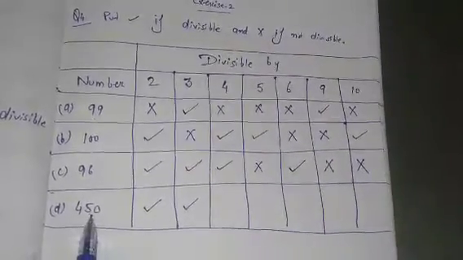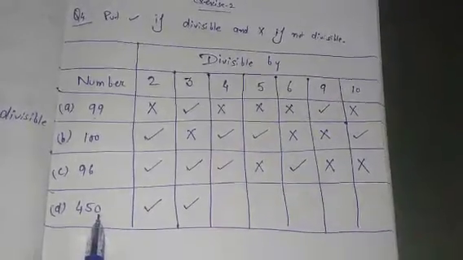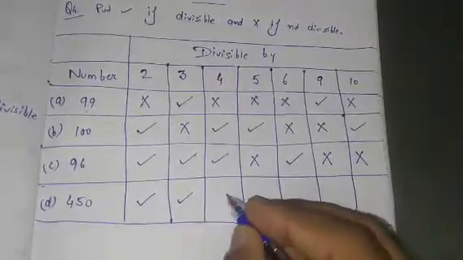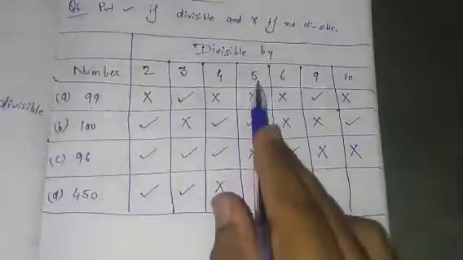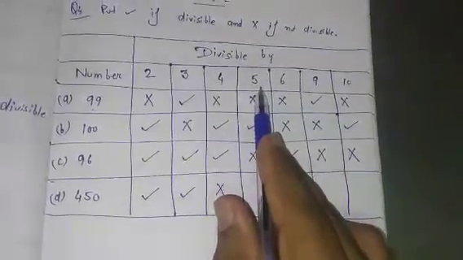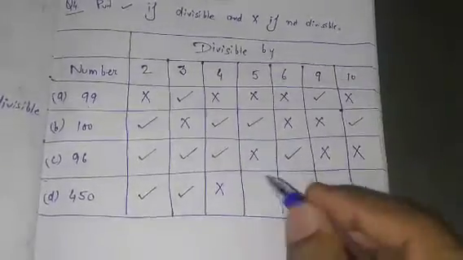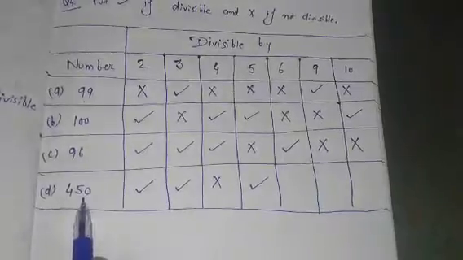Then after that, the last two digits are 50, and you know that 50 is not divisible by 4, so it means the number 450 is not divisible by 4, so here you will put a cross. Then after that, you know the rule, 5 has been given here. If the ones digit is 0 or 5, then that number will be divisible by 5, otherwise no. So here you will put a tick because the ones digit is 0.